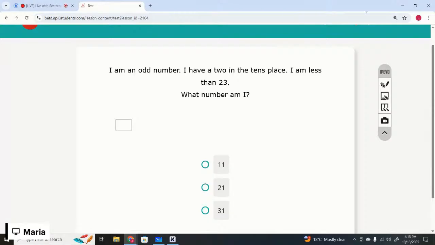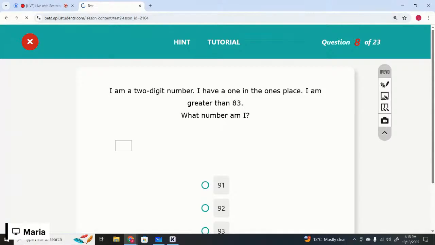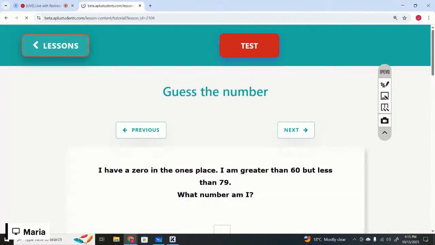That is 21. Option number 2 is the correct option. Okay, you can complete the lesson by yourself later today. Let me just move on to the next lesson.